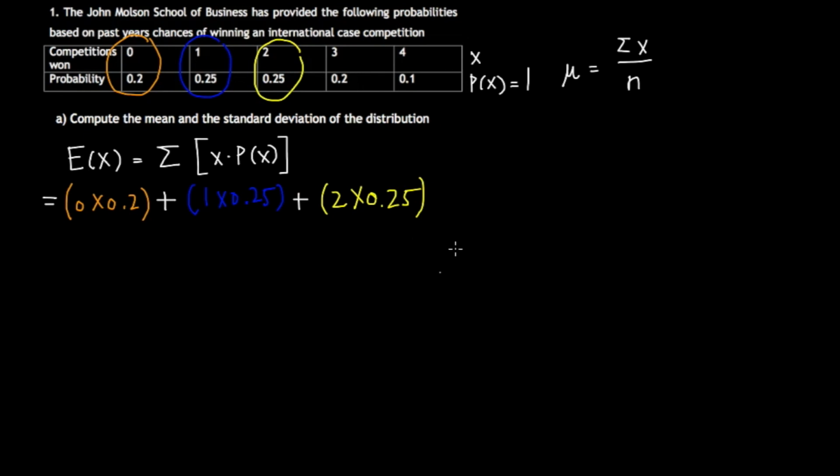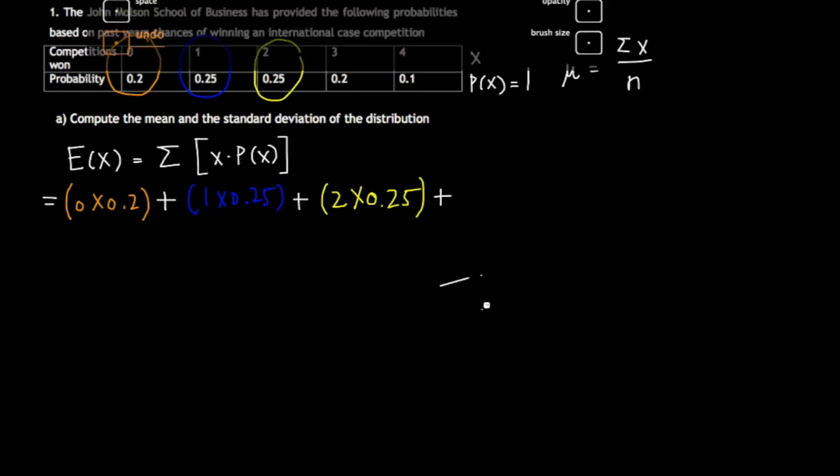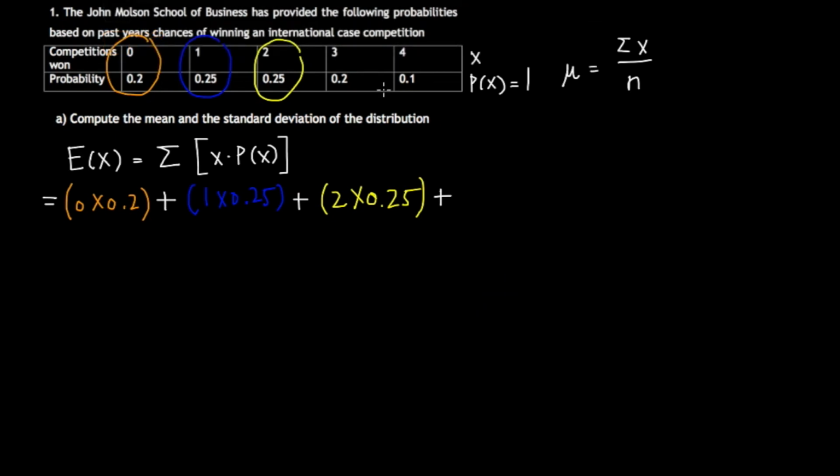Plus, winning 3 competitions within this given year can occur 20% of the time.